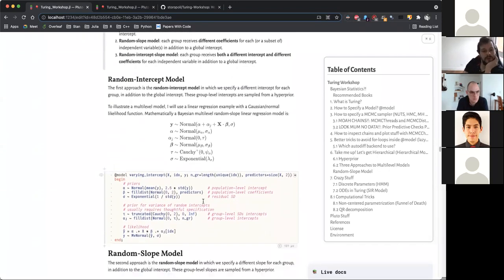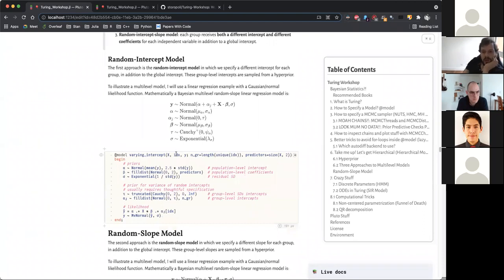And how we will do this in Turing, I generally use this approach. I say, okay, model varying intercept. I have a matrix X. I have a vector of group IDs that's the same length as my observations. I have a Y as before, and now I have some keyword arguments.